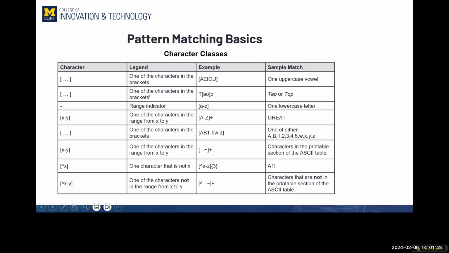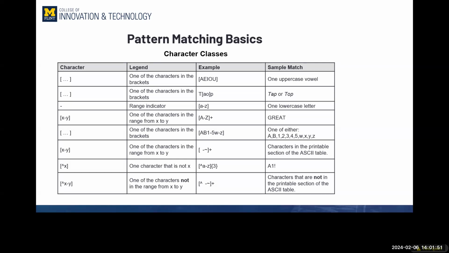Now, in the next one, we are looking for T, then A or O, then P. The order here is considered: T first, then A or O, then P. That means we are looking for the words tap or top.